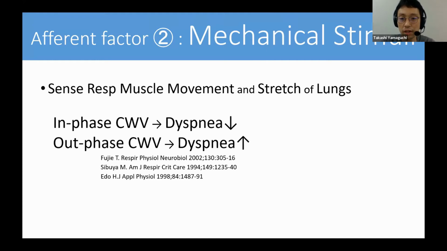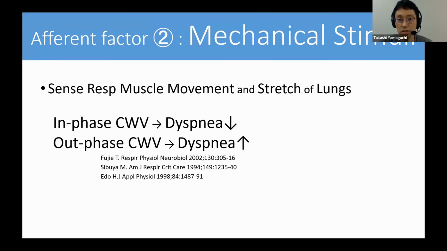On the other hand, out-phase chest wall vibration, which is giving vibration stimuli to the inspiratory muscles during the expiratory period, has been shown to worsen dyspnea in the patient.